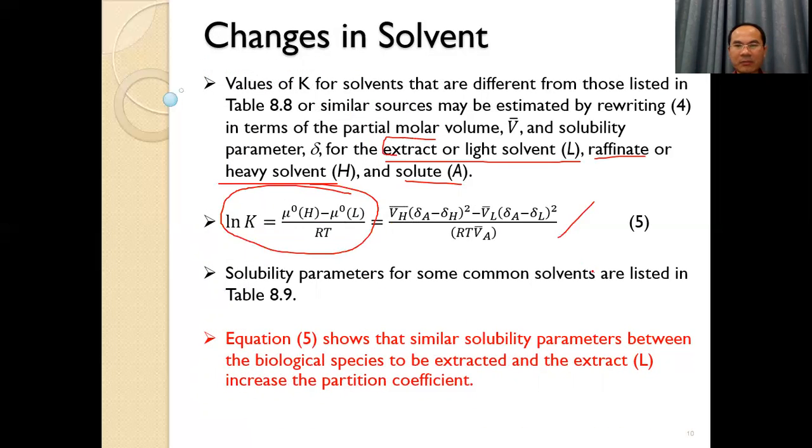That's obtained from this equation. This equation shows that a similar solubility parameter between the biological species to be extracted and the solvent increases the partition coefficient. As we increase the solubility parameter, the partition coefficient also increases in this case.